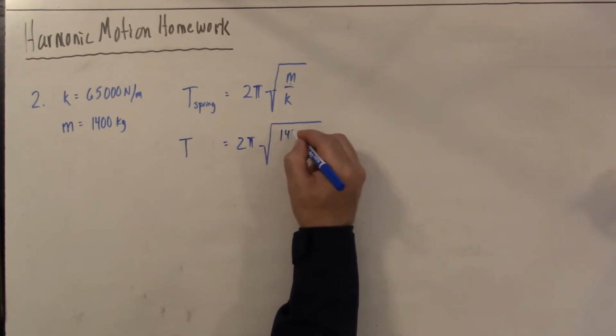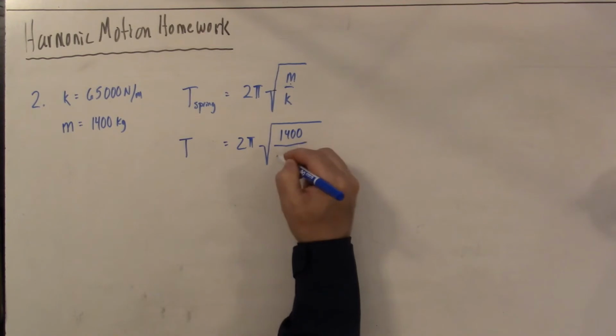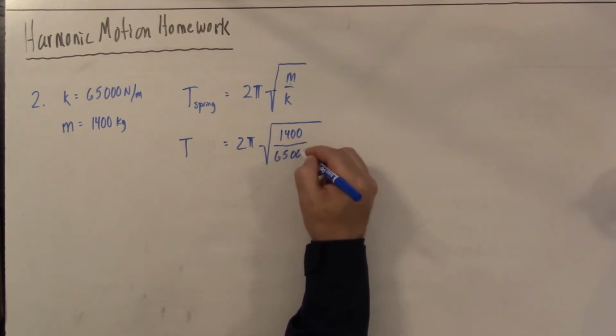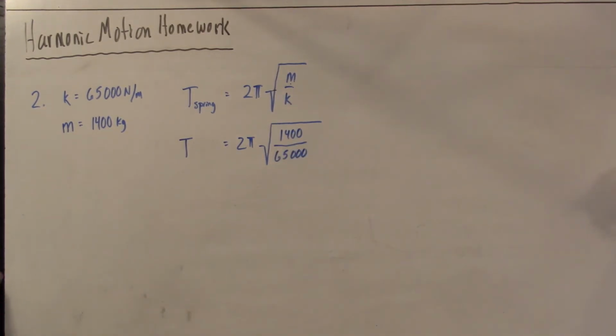This is 1,400 kilograms. This is 65,000 newtons. Calculate that real fast. I'm doing these in real time.